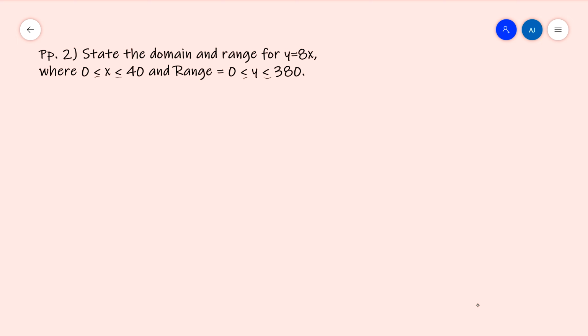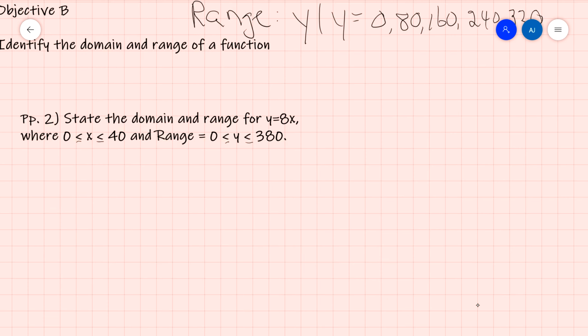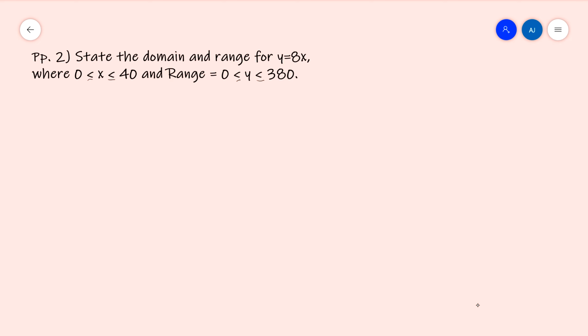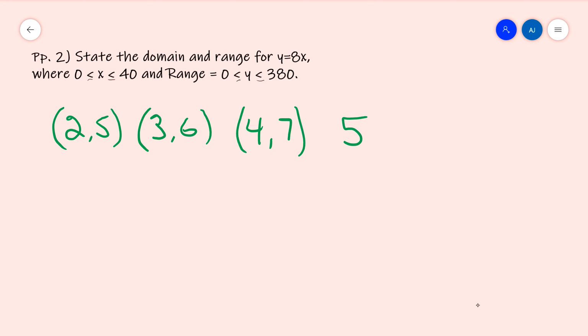Okay, so let's see, another general rule here to tell you about now. If I have, I'll do 5 ordered pairs, okay? I'm going to say 2, comma, 5; 3, comma, 6; 4, comma, 7; and 5, comma, 8, just as an example. So now when I'm looking at this, is this a function? As long as the x values are all different numbers, then this is going to be a function.